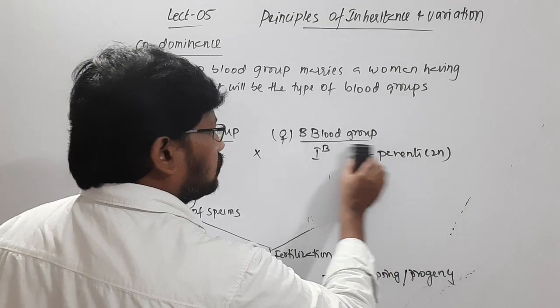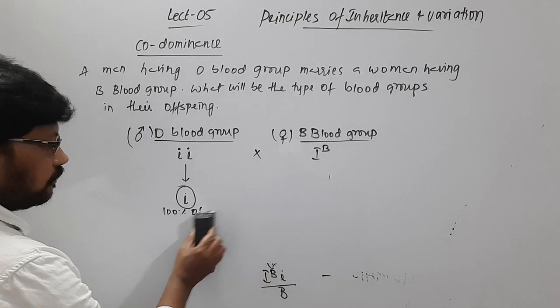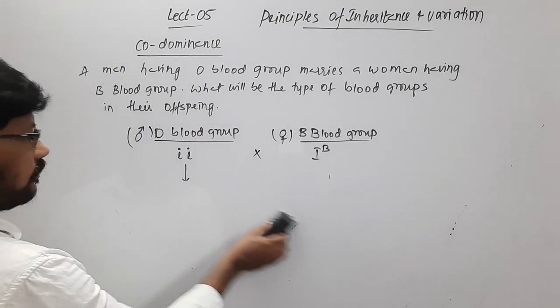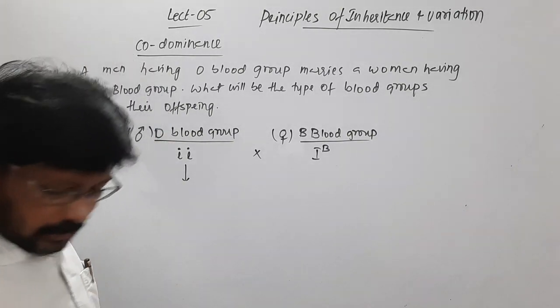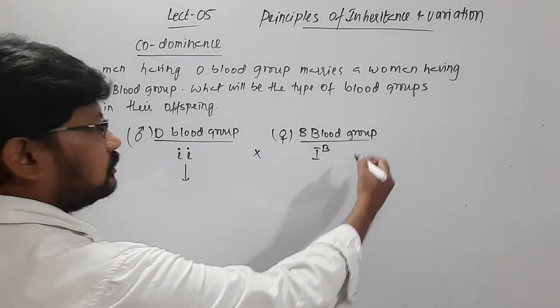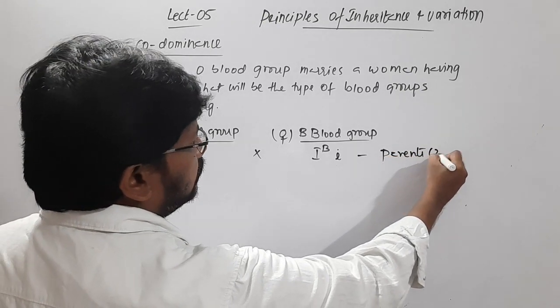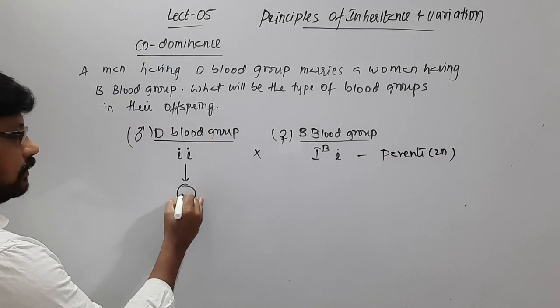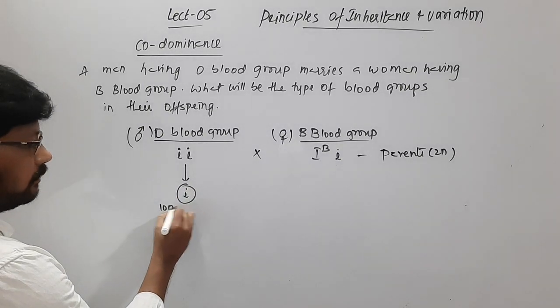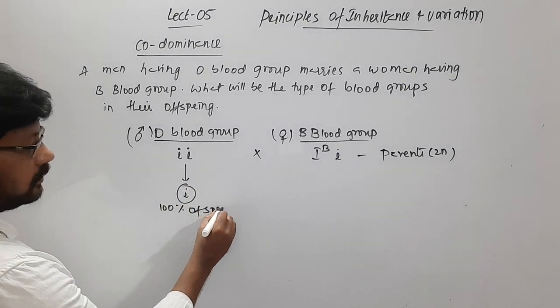Now I'm going to take the heterozygous condition, IB and small i. Parents are diploid, and this will be as usual 100% of sperms.